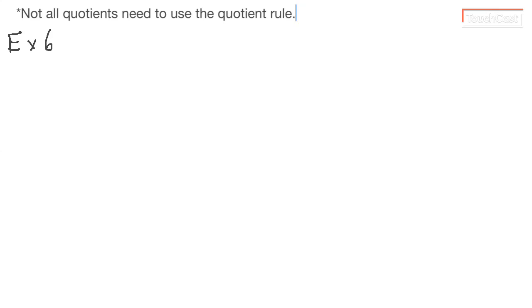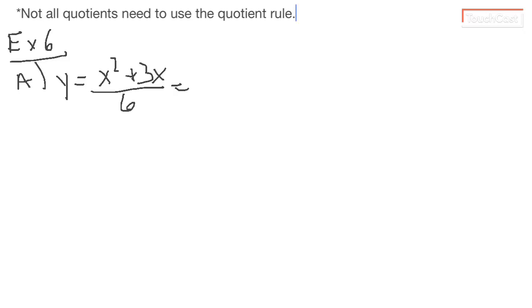So we'll call this example 6, and I've got 4 parts to this. We're going to have part A, y equals x squared plus 3x, and that's all going to be over 6. Well, how about instead of using the quotient rule to solve this, we rewrite this as 1 over 6 times x squared plus 3x.